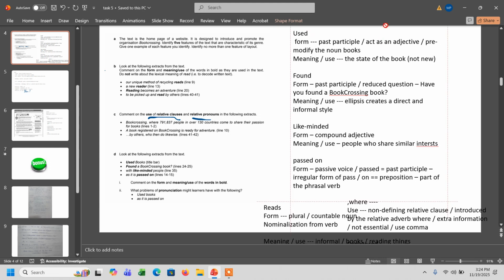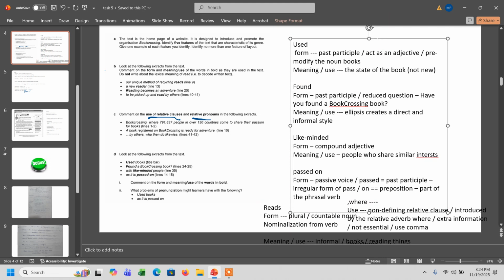Okay, how about the meaning and the use?